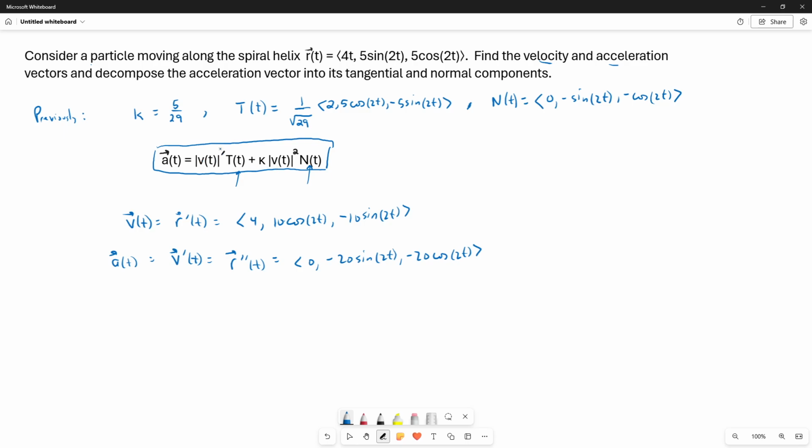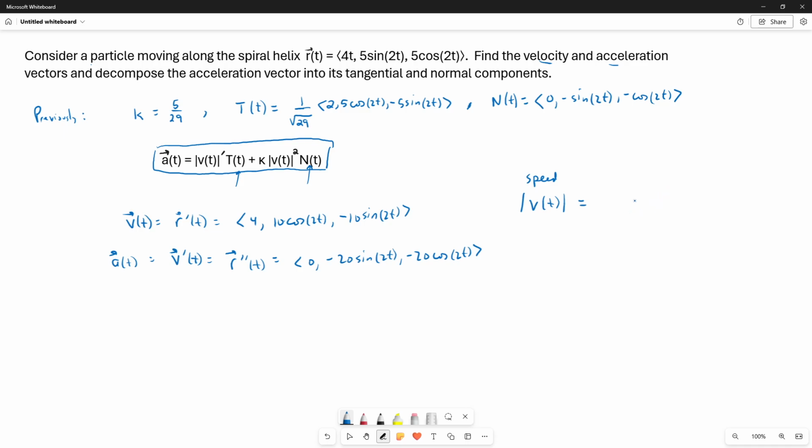We need the derivative of the magnitude of the velocity vector. So the magnitude of the velocity vector is the speed of the curve, and we need the derivative of that.